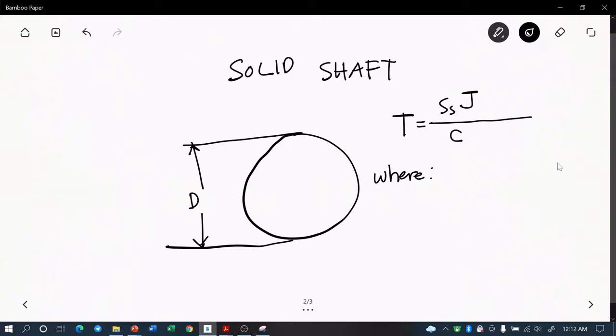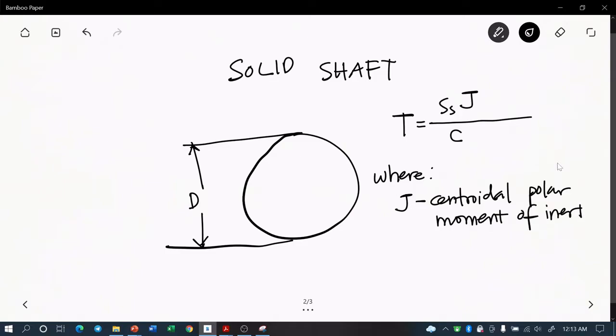So J here is the centroidal polar moment of inertia. The S sub S is the shearing stress.